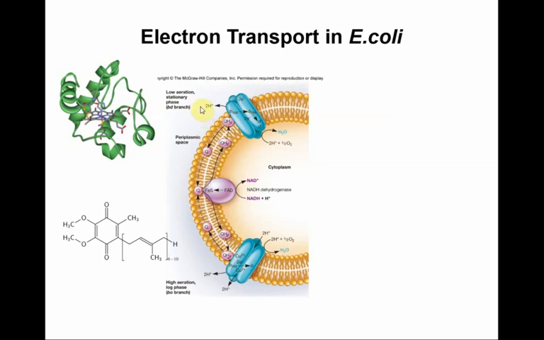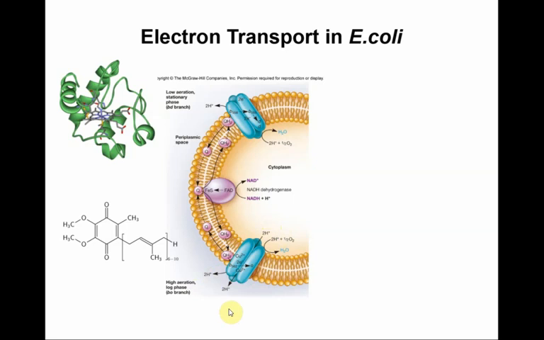Okay, so what is happening here? So E. coli has got two cytochrome oxidase complexes, the BD complex and the BO complex. Now, if oxygen is abundant, you've got a lot of oxygen, then it will be the BO complex that is used. Why? Because the BO complex can transport a couple more protons into the periplasmic space.